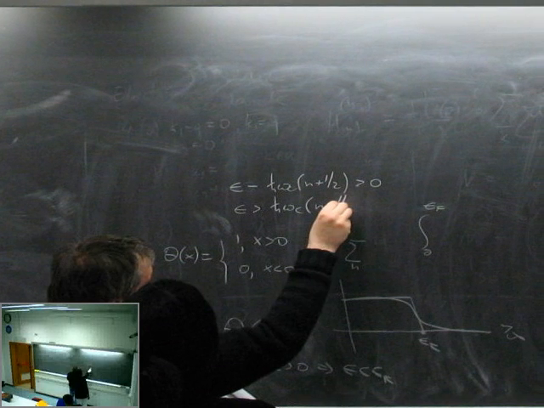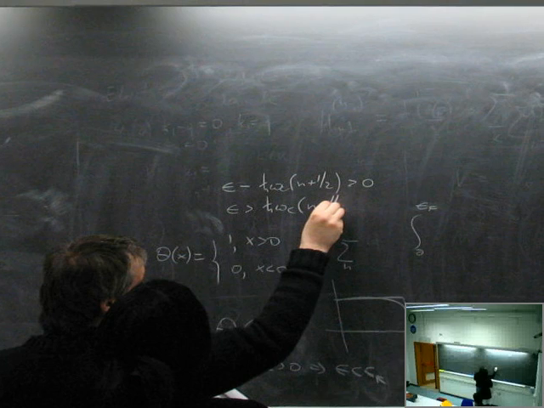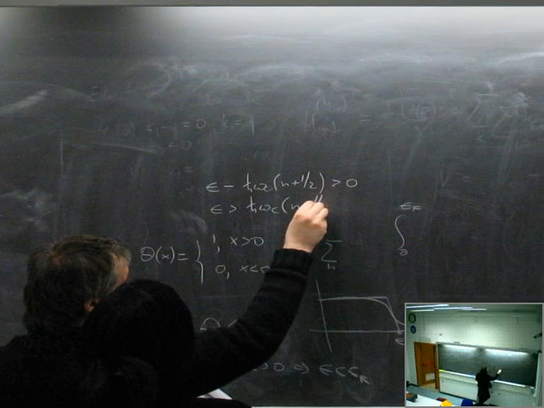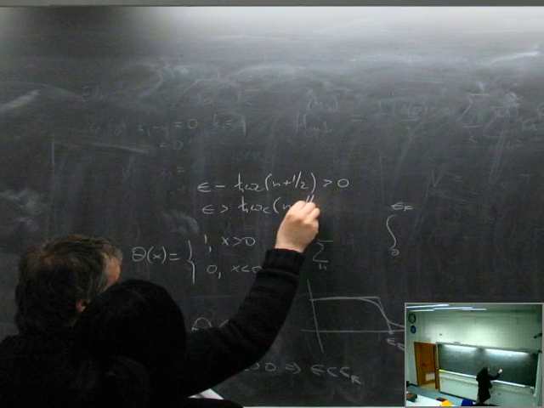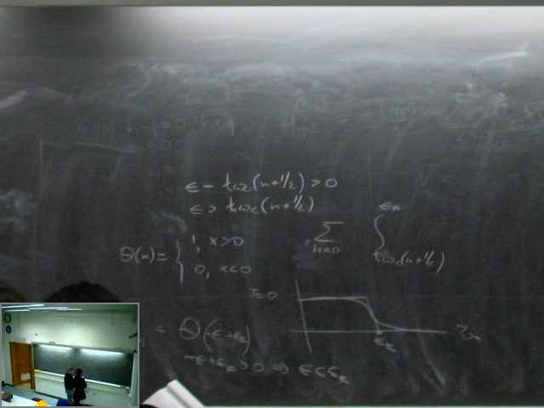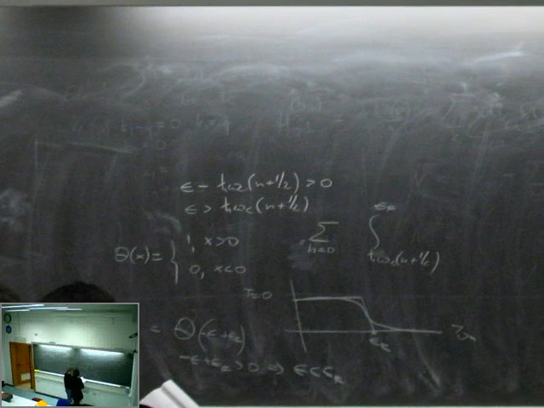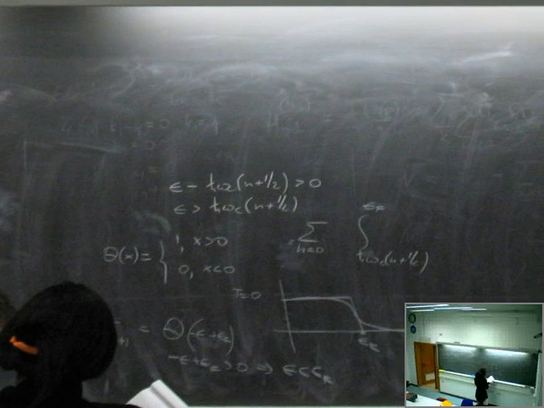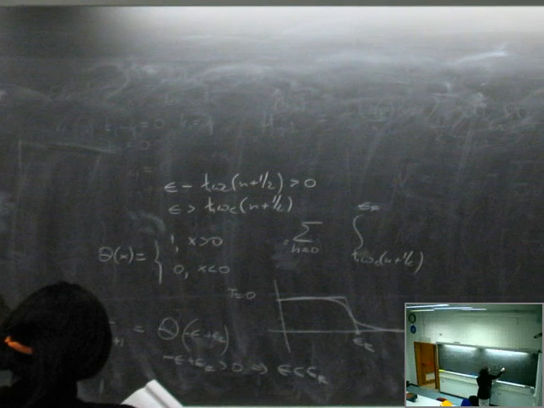So if the summation comes here, then I write h omega c (n plus 1/2). And here it's the integral of epsilon.